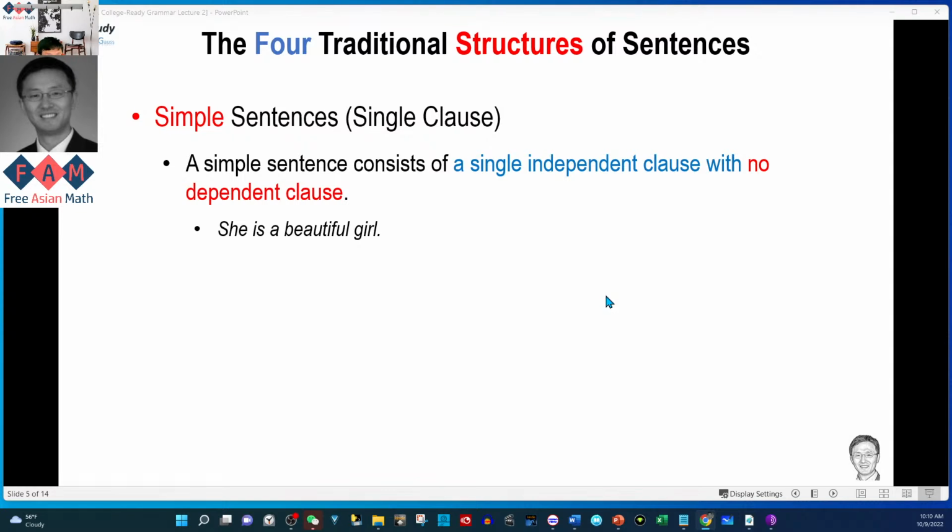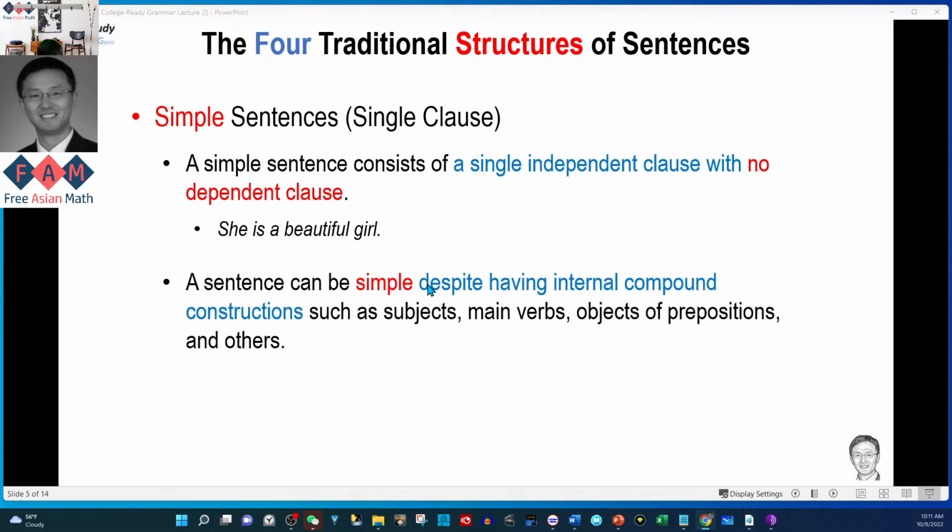This is a simple sentence because we only have one subject, she, and then we have one main verb, is, which is a be verb here. Okay. Some students get logically confused. They think there are two or more subjects, and then they think that, oh, by definition, one simple sentence should only have one subject.